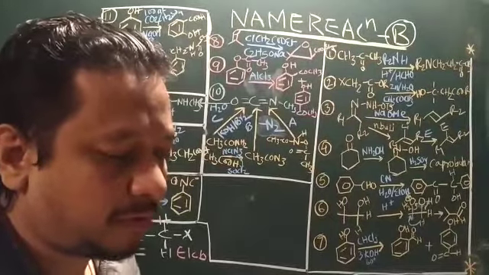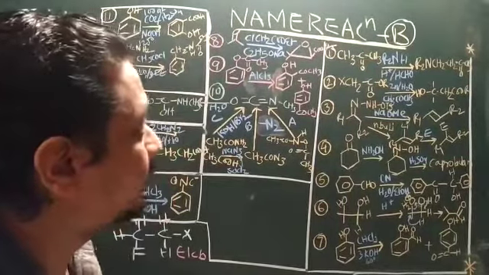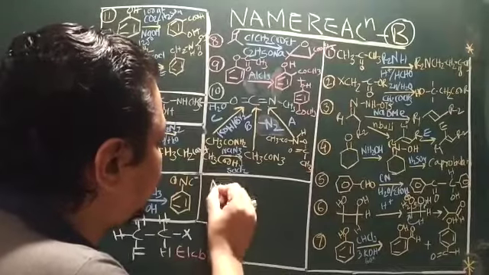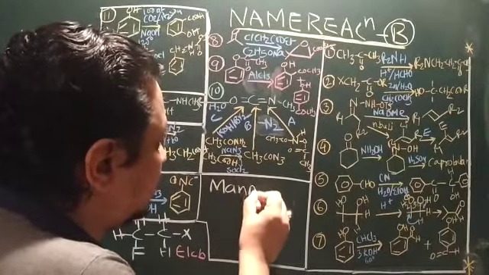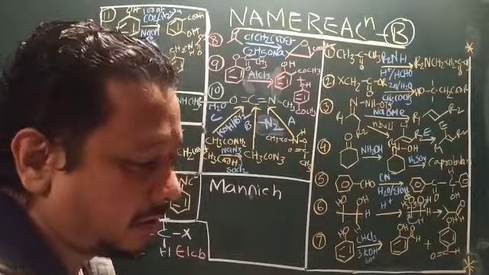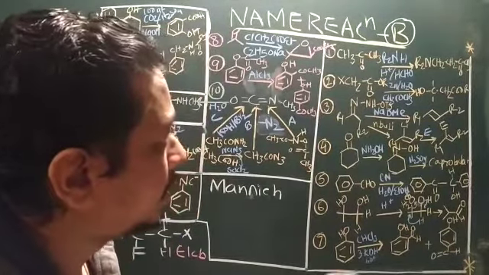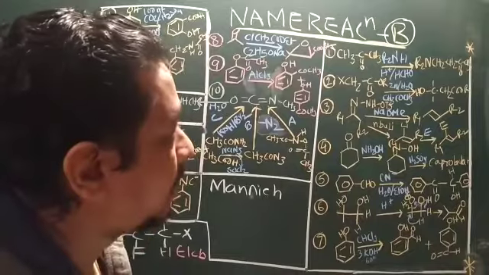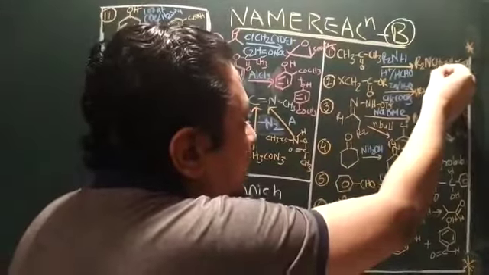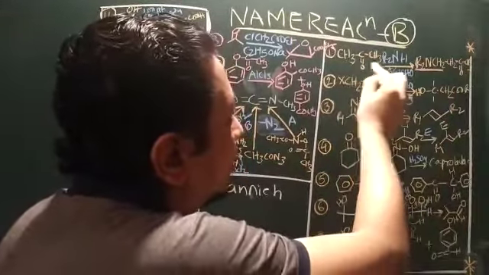Okay, so the first reaction we have seen here is known as the Mannich reaction. The Mannich reaction is nothing but when we want to extend an amino alkylation to a ketone.